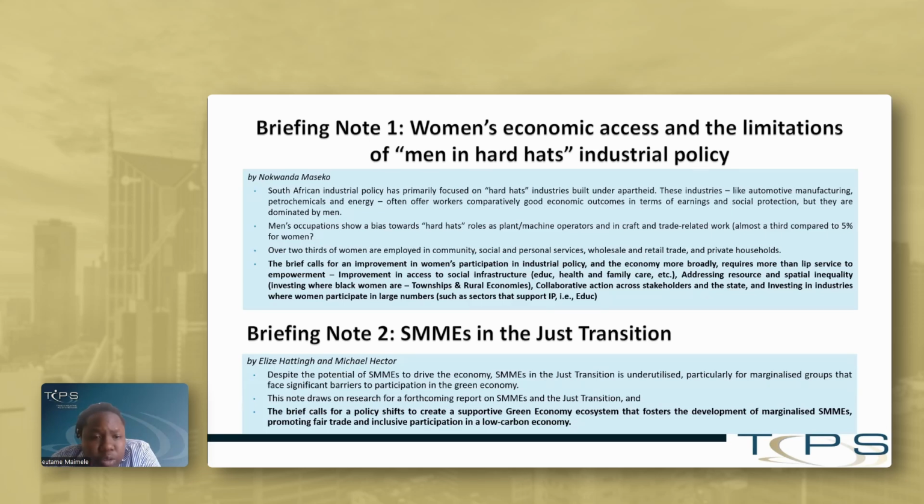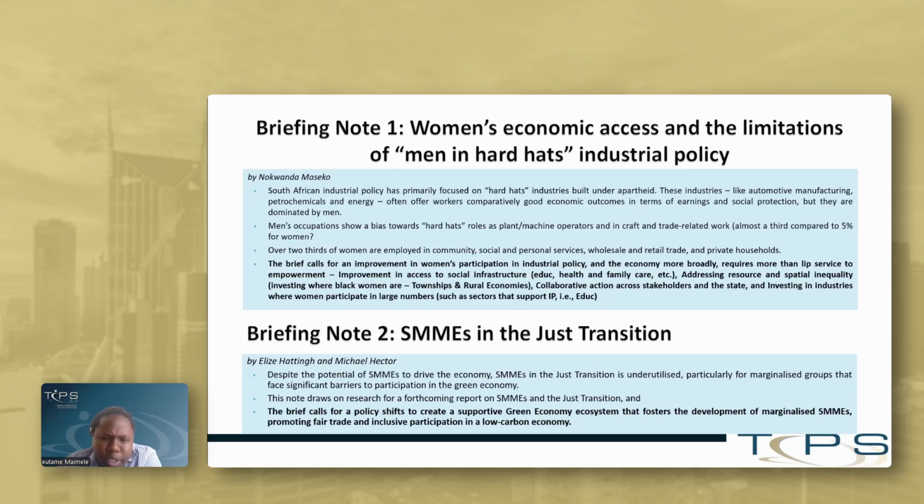Some of those are, for example, to improve access to social services, especially in education, healthcare, and family care, and to start addressing resource and spatial inequalities, especially where Black women are based in townships or rural economies. It also calls for collaborative action across stakeholders in the state. And lastly, it calls for investing in industries where women participate in large numbers, such as sectors that support industrial policy, for example, in education.